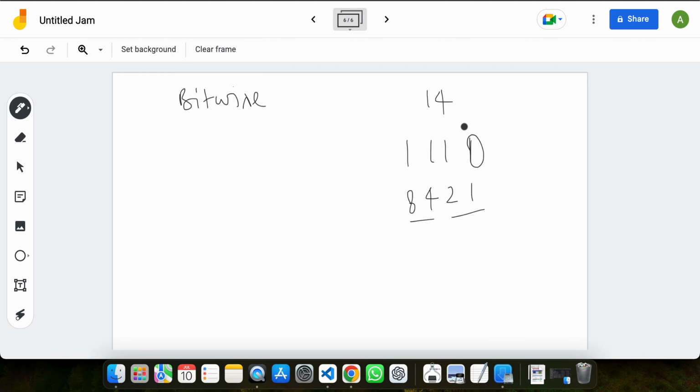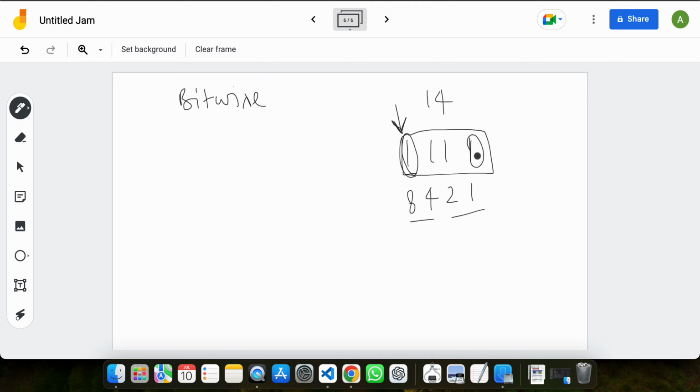So I will simply count the number of bits, starting from the first set bit, which is the most significant bit, and find its position from the extreme left. Its position is 1, 2, 3, 4.